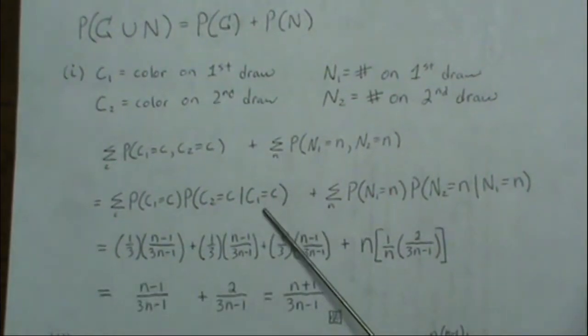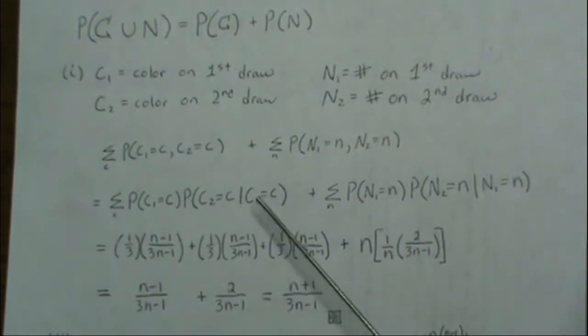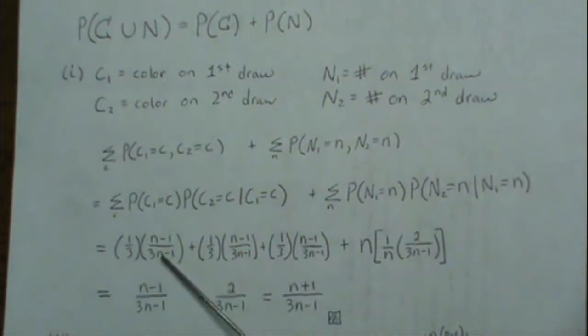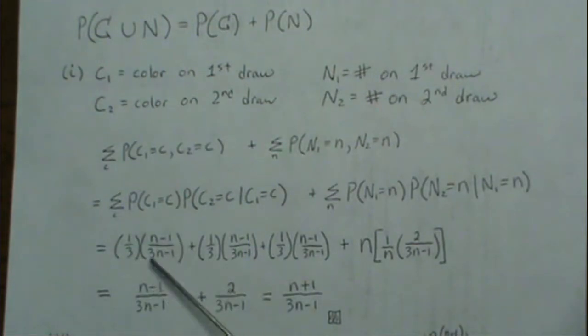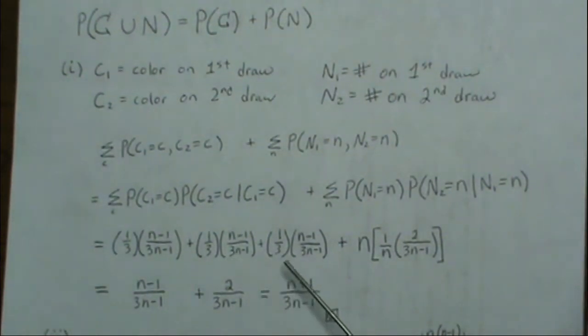And now once we draw a white, what's the probability the second one is a white? Well, we used to have n whites, but now we have n minus 1. So there's n minus 1 over 3n minus 1. That's the probability of drawing a white second. And then we do that for black, and we do that for red.